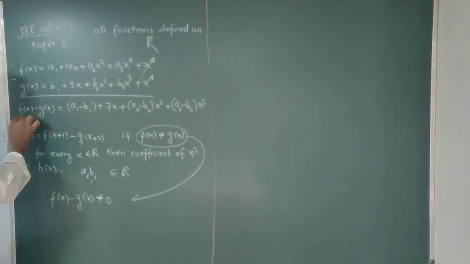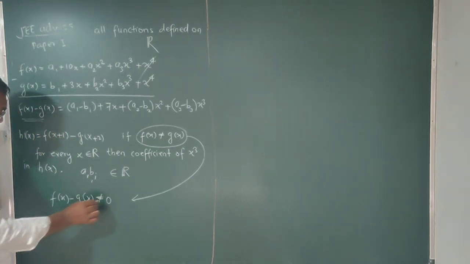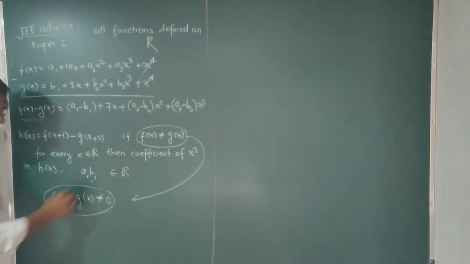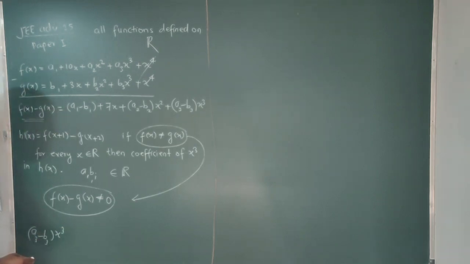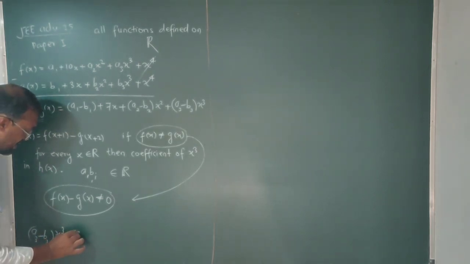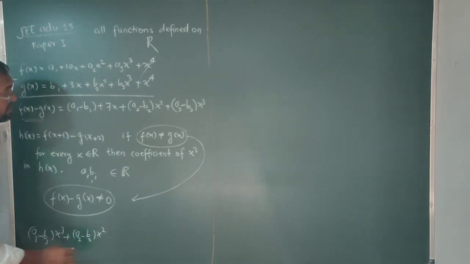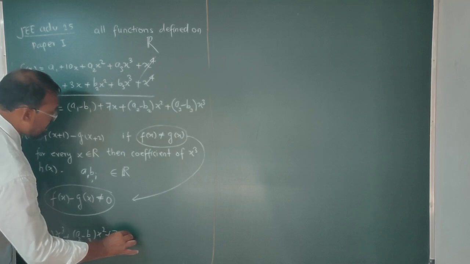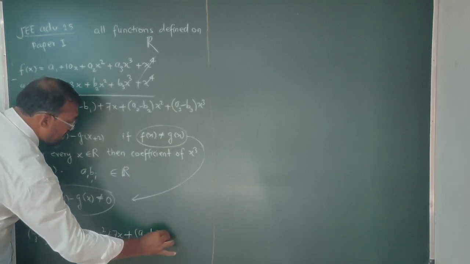This is the simple f of x minus g of x. It simply means that since f of x minus g of x is not equal to 0, the given expression, that is a3 minus b3 x cube plus a2 minus b2 x square plus 7x plus a1 minus b1 is not equal to 0.